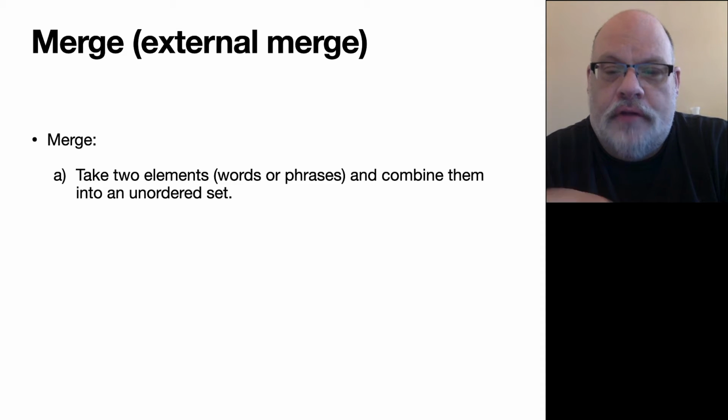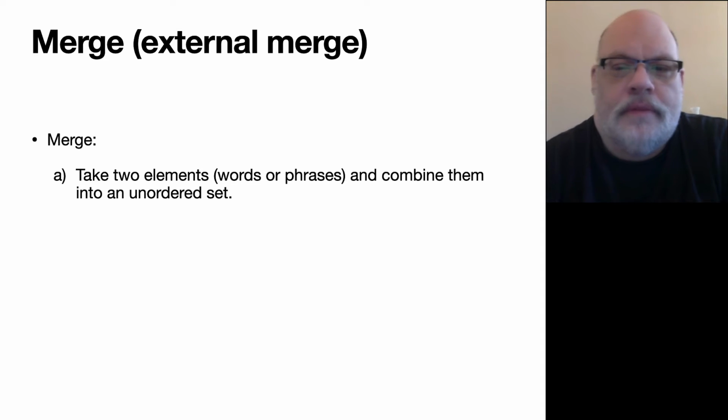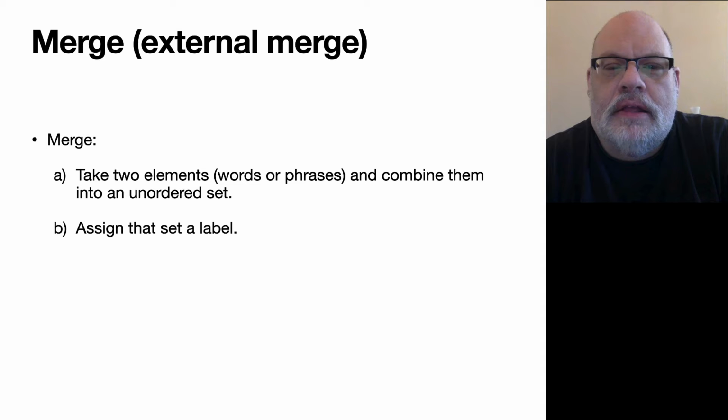All the trees you draw only have two branches. Merge only takes two elements and joins them together. The other thing it does is it assigns that set a label. So it says, hey, I've taken a verb and a noun phrase, and I'm sticking them together, and I'm going to label this with something like a verb.